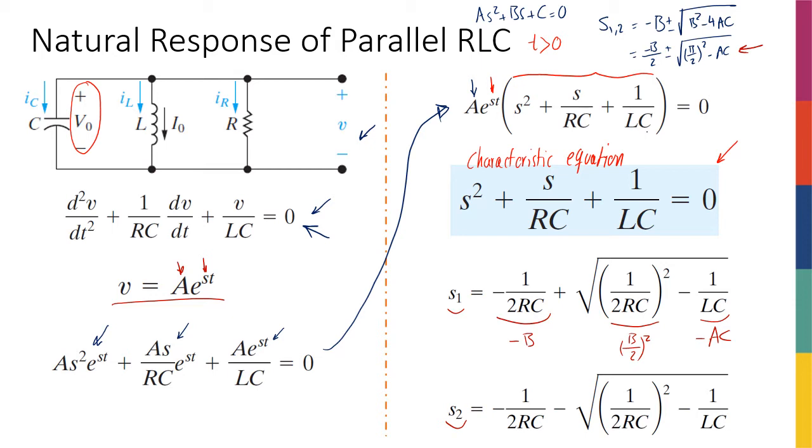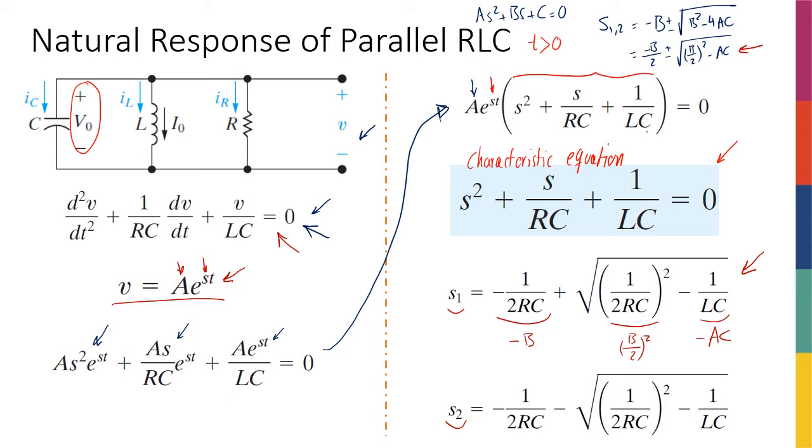For both of these answers, I know that if I put s1 equal to this expression into this form, no matter what A is, I'm going to get basically the differential equation equal to 0. Okay, that's why the s1 and s2 are important.